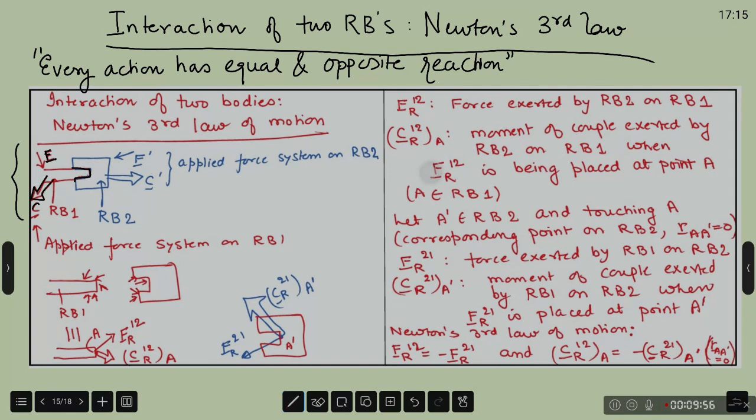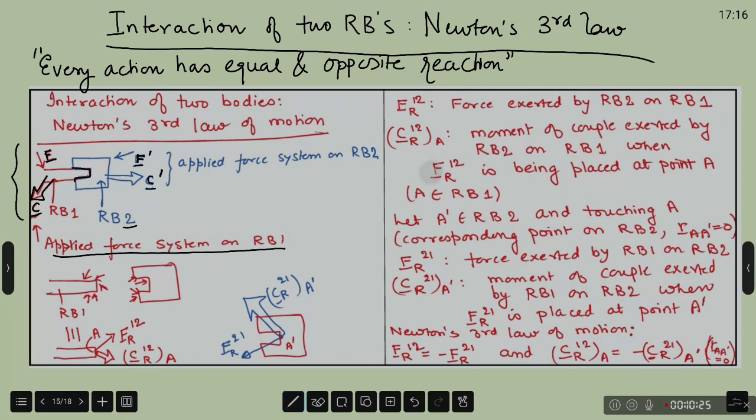On the other hand, on the blue RB, which I am calling RB2, somebody else is putting a force system which has one single force F and a torque acting. So this is the applied force system on RB2, and the applied force system on RB1.